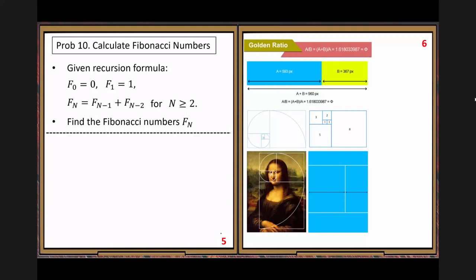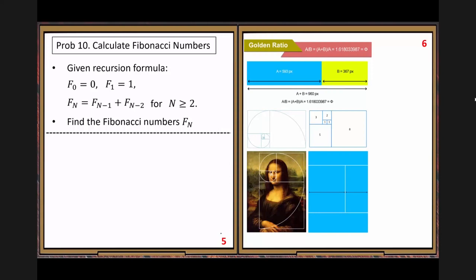Based on their experience, they feel when they draw the painting, when the scale of different parts of the body is arranged following this golden ratio number, then it looks perfect. That comes from ancient people, based on experience.